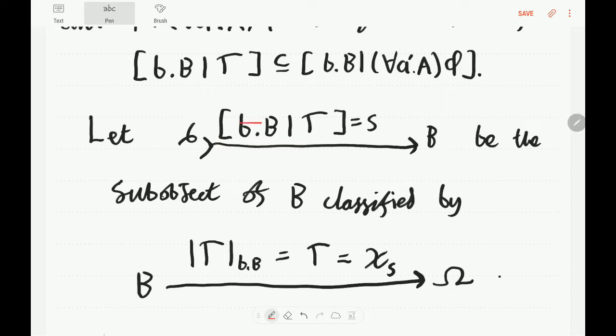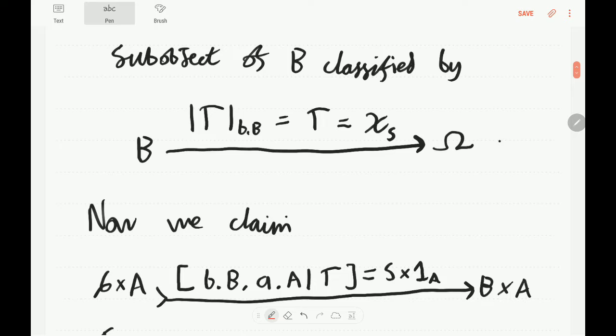Okay, so we have this extension, which we call S, and we can think of this extension as the sub-object classified by this gamma here. Or equivalently, we could say that gamma is the classifying arrow of S. That's the phrase I was looking for.